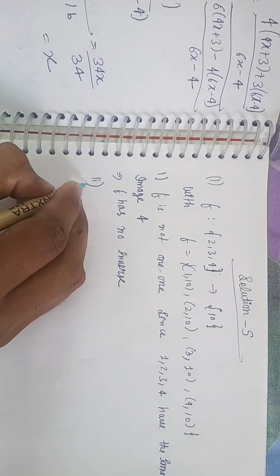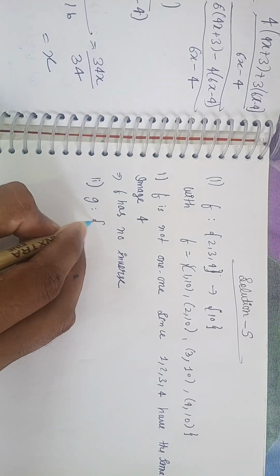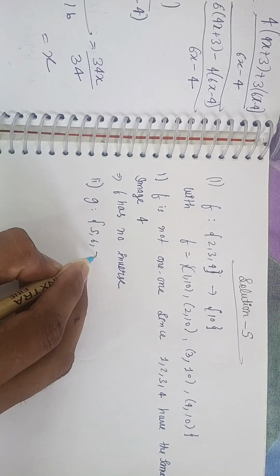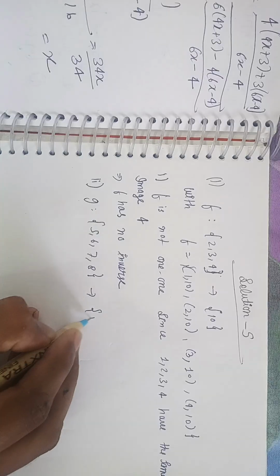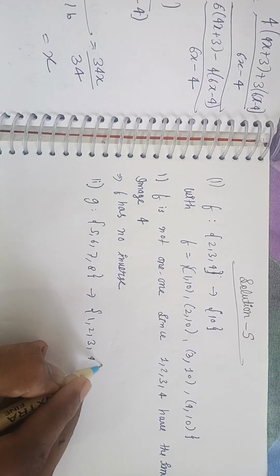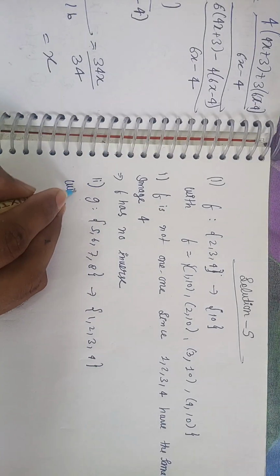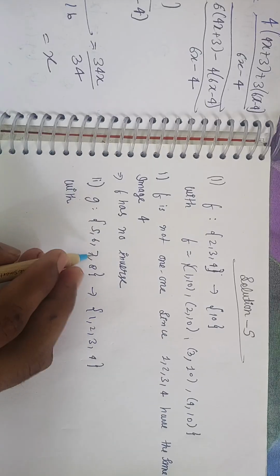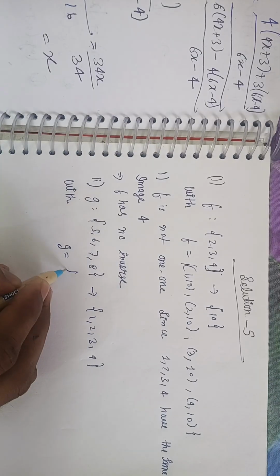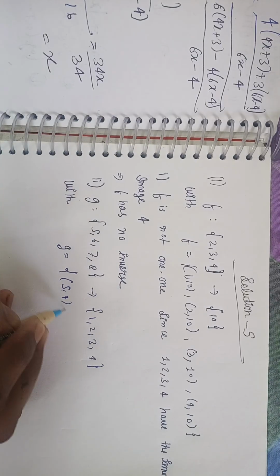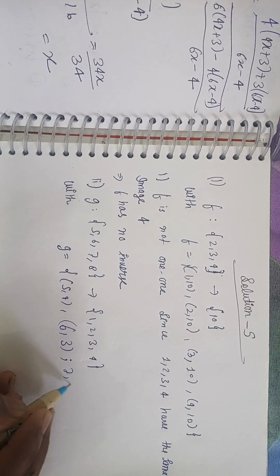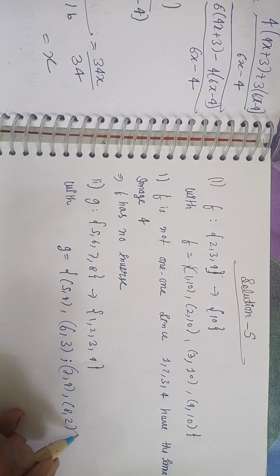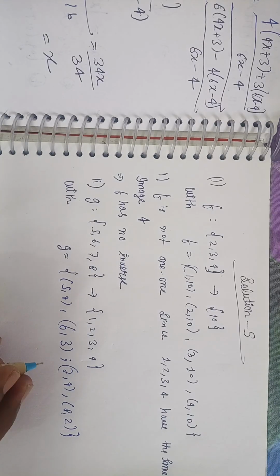Second one, g: {5, 6, 7, 8} → {1, 2, 3, 4} with g = {(5, 4), (6, 3), (7, 4), (8, 2)}.